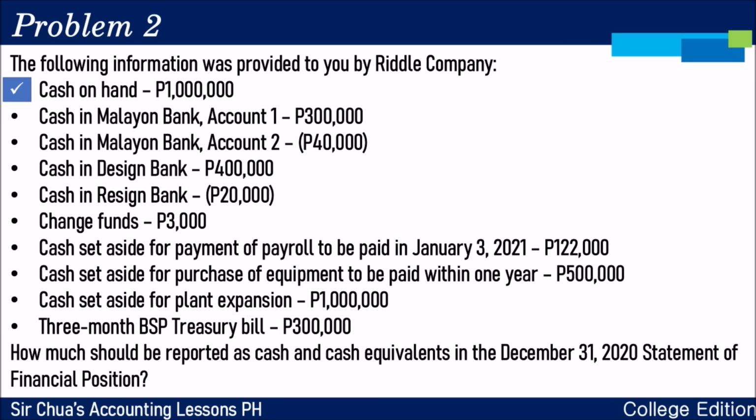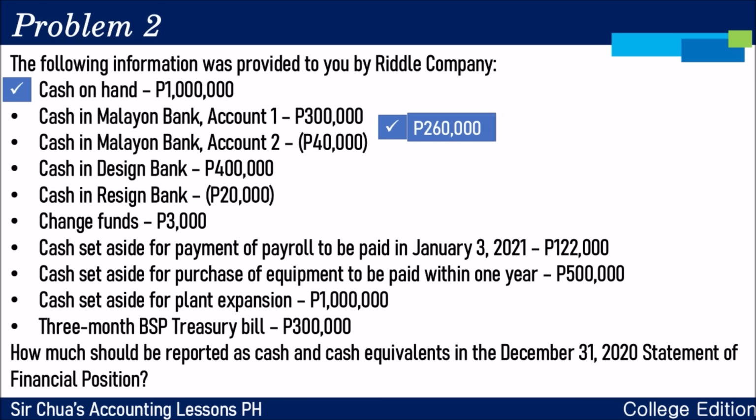But if an entity is holding two or more accounts in the same bank, again, ipagdidiinan ko sa inyo in the same bank, dun nyo lang po siya pwedeng inet. Okay? Since same bank naman po siya, Malayon Bank, so inenet po natin 300,000 minus the overdraft of 40,000, that is 260,000. Yan po ang isasama nyo sa cash balance.